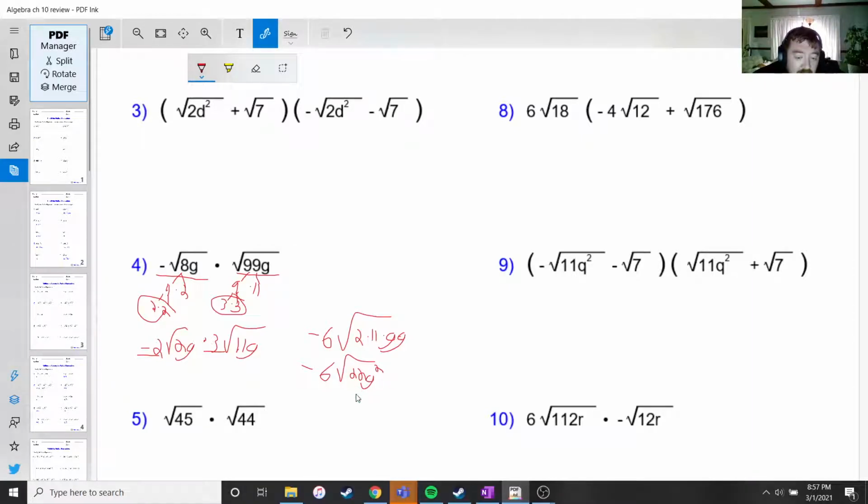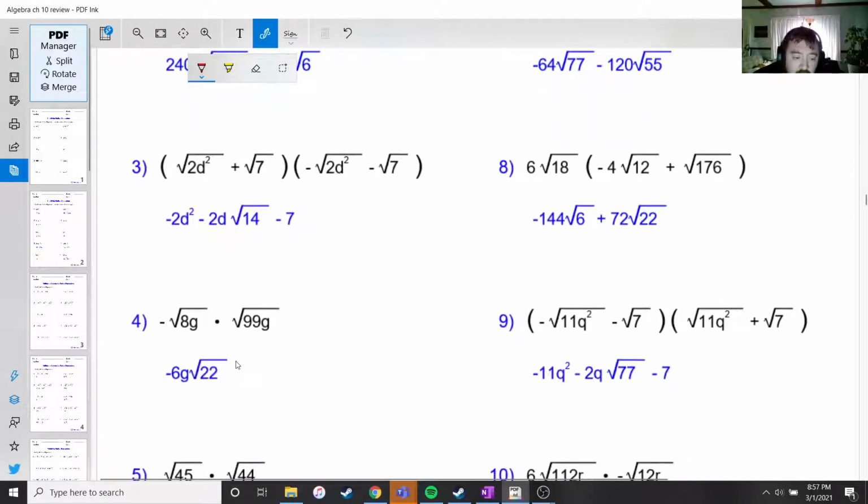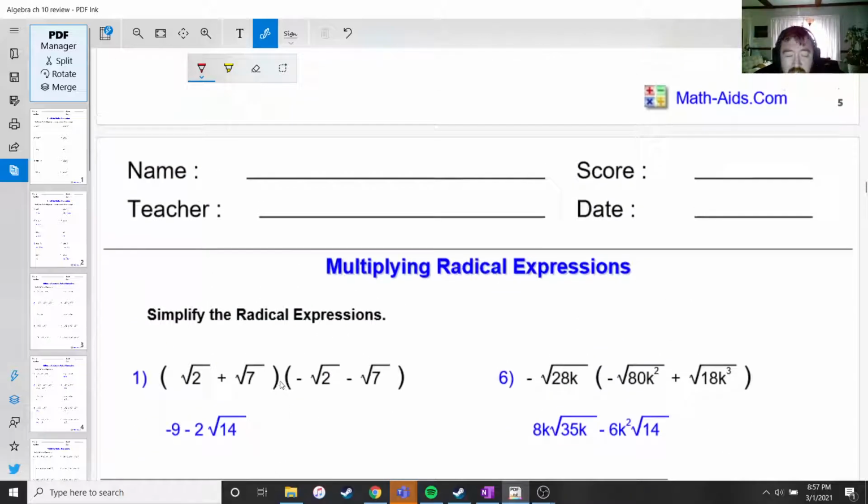Now, since we have a squared here, the g is going to go up here. So negative 6g radical 22. If you look at 4, we got negative 6g radical 22.